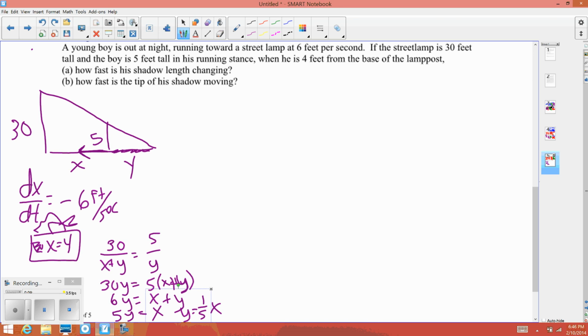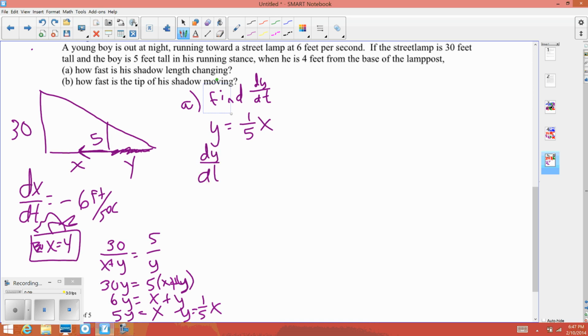All right, so for part A, how fast is the length of his shadow changing? Now, y is my shadow, so I'm trying to find dy/dt. Okay, so I can do that by analyzing the shadow. I have this equation, the shadow length is equal to 1/5 times x.